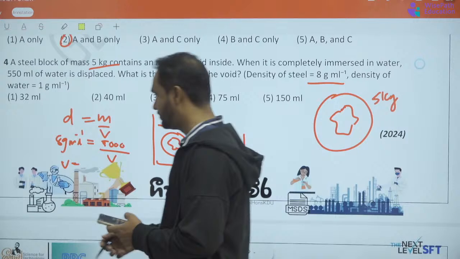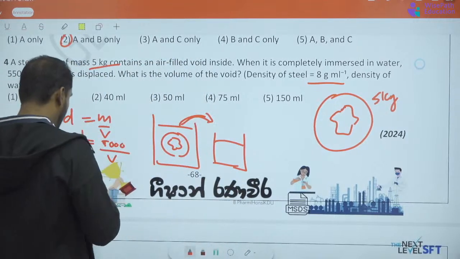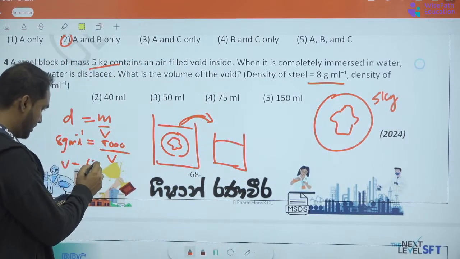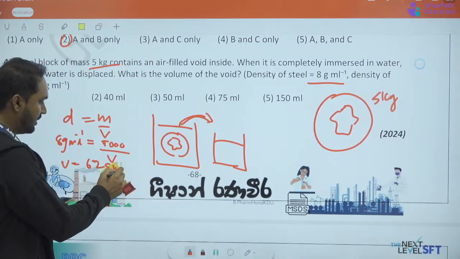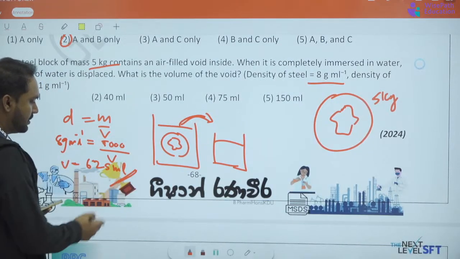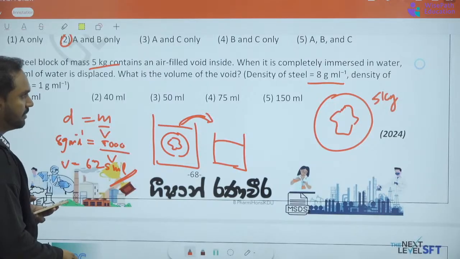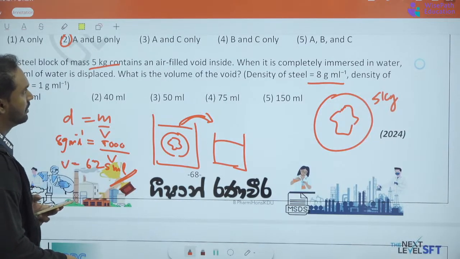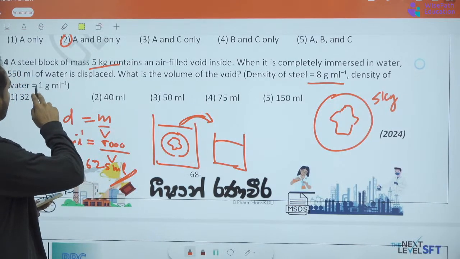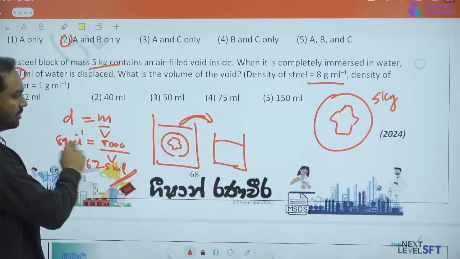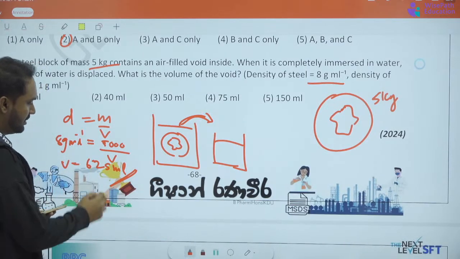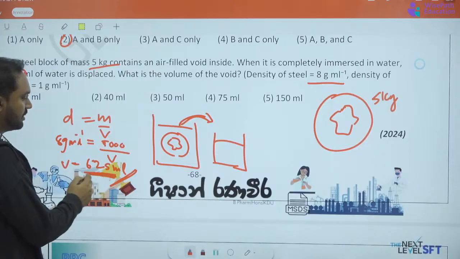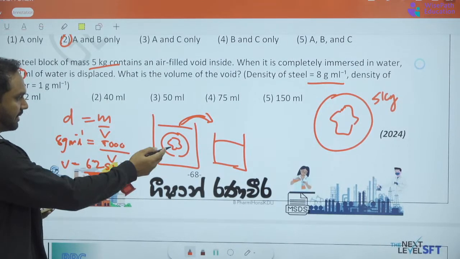It's 625 milliliters. Now this is the actual volume of the object, the metallic part, and the displaced volume is the total volume of the object.